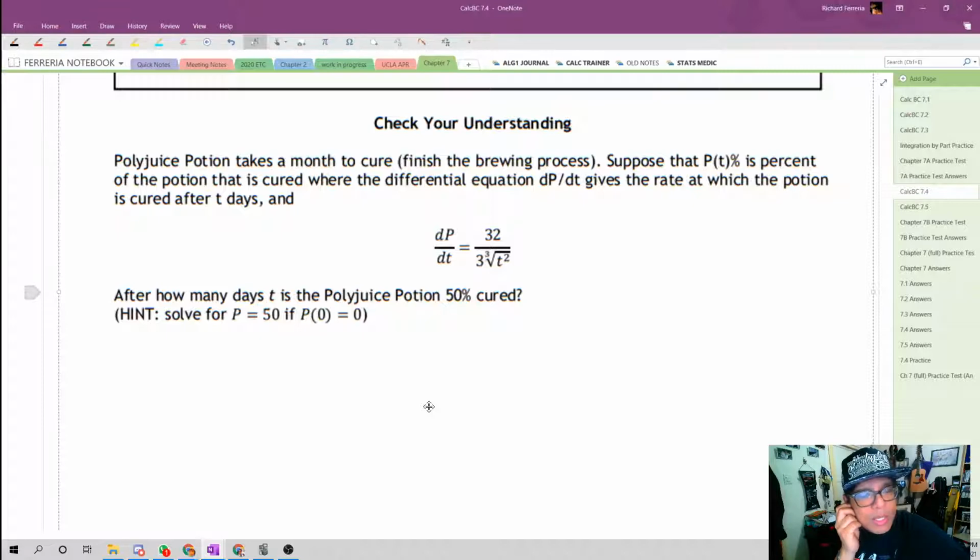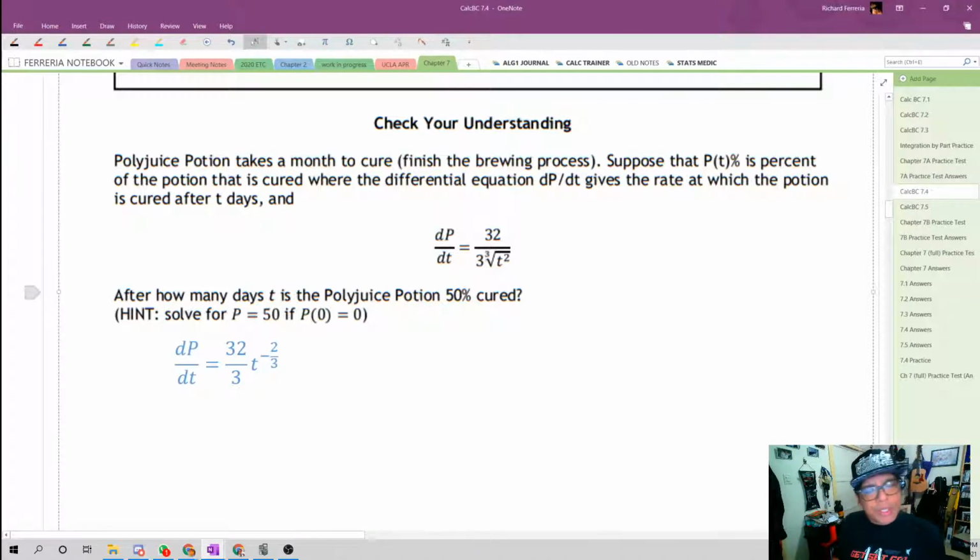We've got dP/dt equals 32 over 3 cube root of t squared. And the question here is how many days until the Polyjuice potion is 50% cured? So when is P equal to 50? Hint, we have this initial condition at t equals 0, the potion is 0% cured.